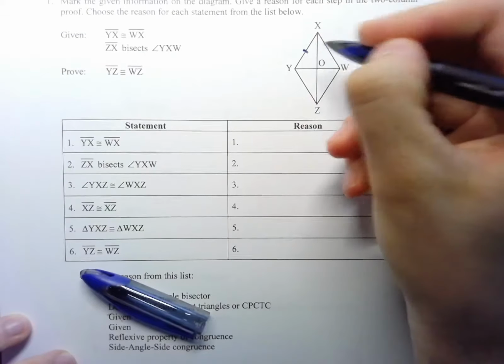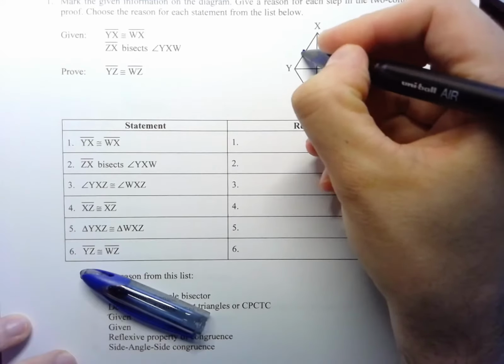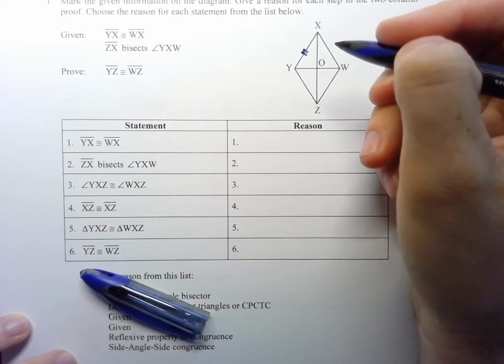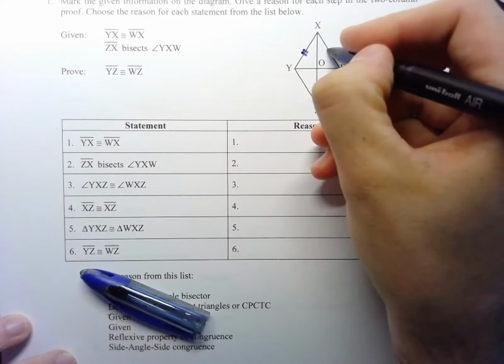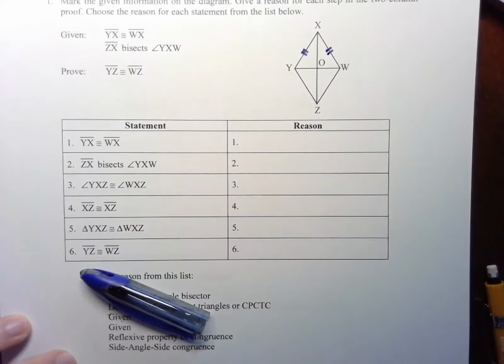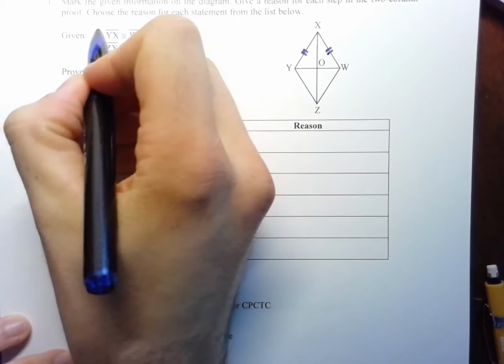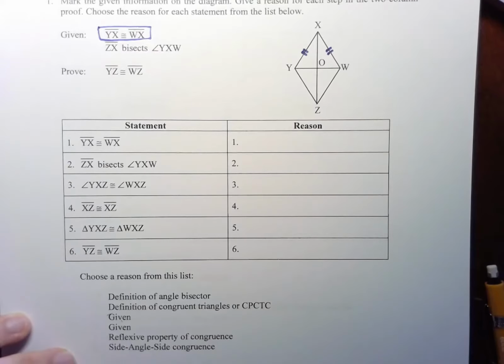We're trying to show that that line segment is congruent to WX here and there. Or excuse me, that is a given. That is what I have marked in blue on the diagram.